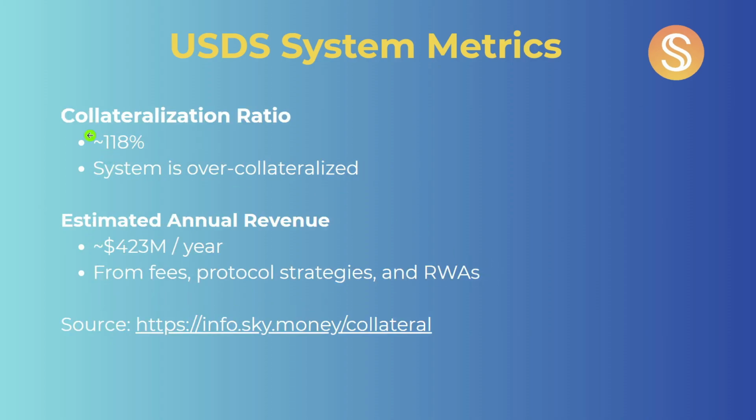The collateralization ratio right now is 118%, so the system is overcollateralized. The estimated annual revenue is 423 million per year. Of course, this revenue comes from fees, protocol strategies, and RWA, and the source is the Sky application collateral page.